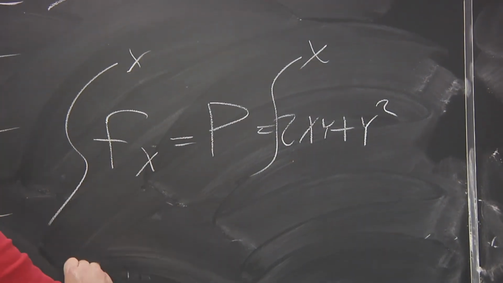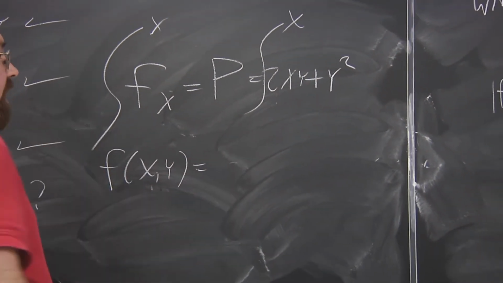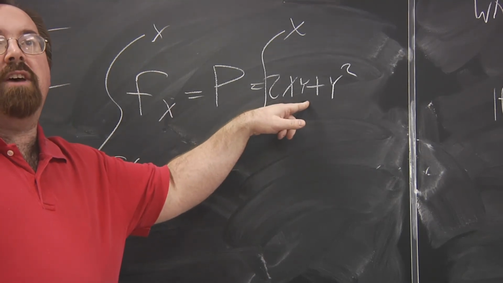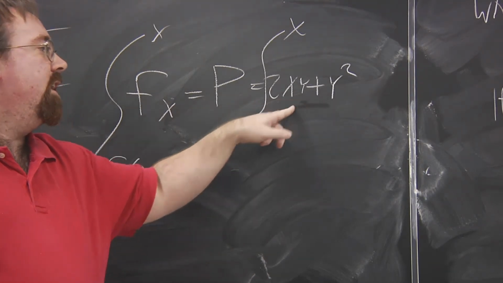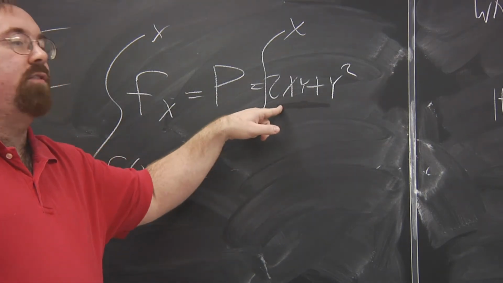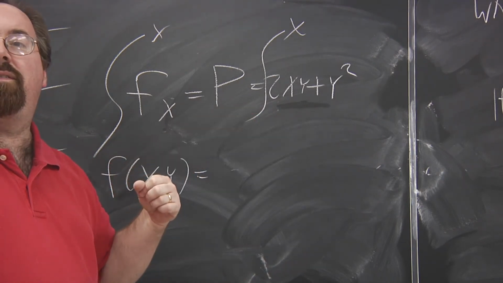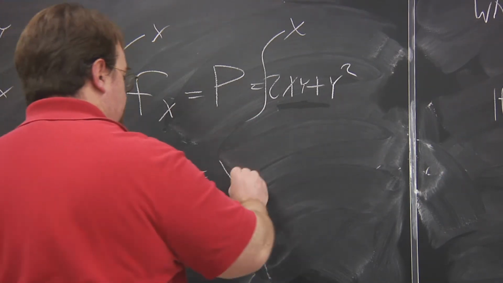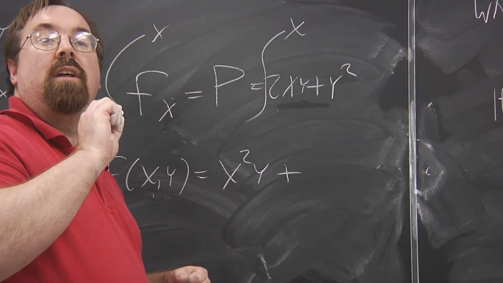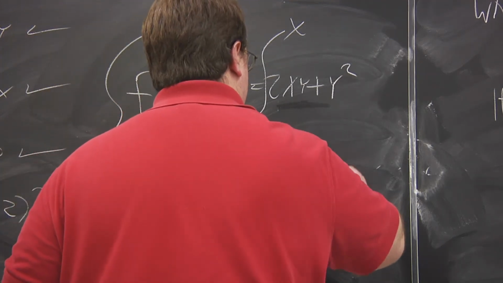So what we'll get is f of x, y, z, the function we're after. And now we're going to anti-differentiate this with respect to x. So we're going to treat y and z as constants. So what is the integral of this with respect to x? x squared z plus what? xy squared. Yes, xy squared.